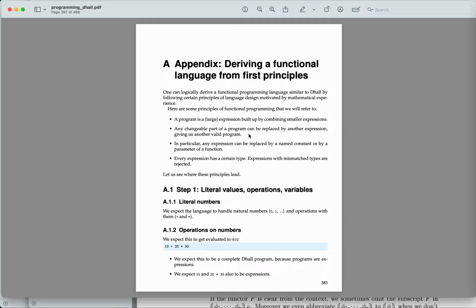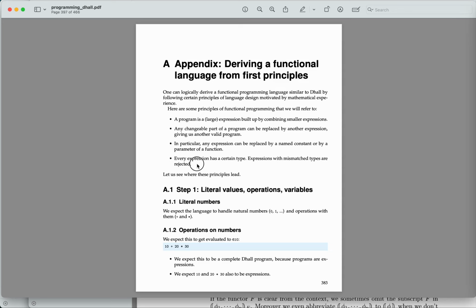So you should be able to change expressions, in particular you should be able to have a function that replaces some sub-expression by a given parameter, and then you can refactor any expression into a function where some part is replaceable. This is a principle, so your language must support that.